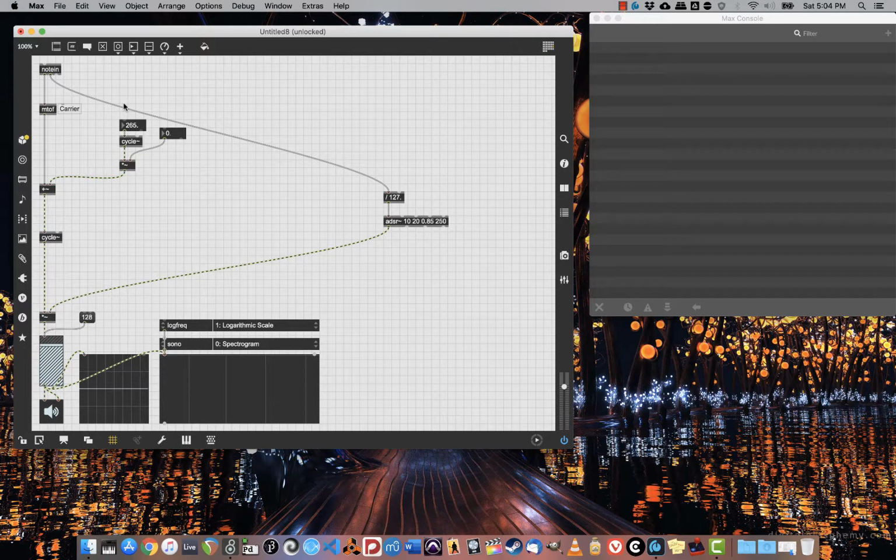So here in our modulator, we have a couple of different things to take a look at. We've got the frequency, and we have the depth.